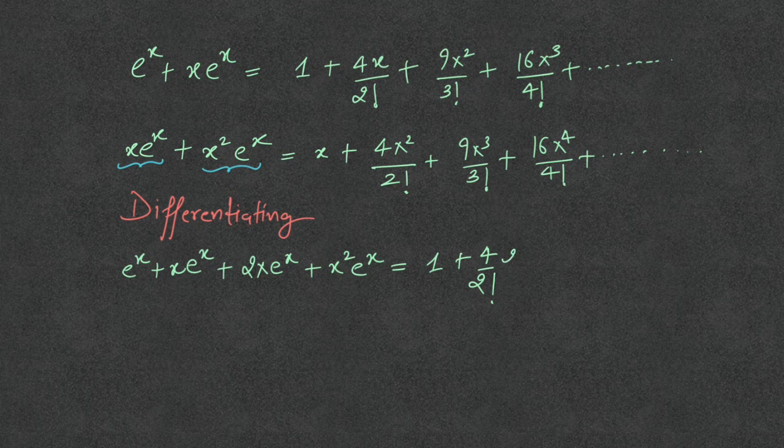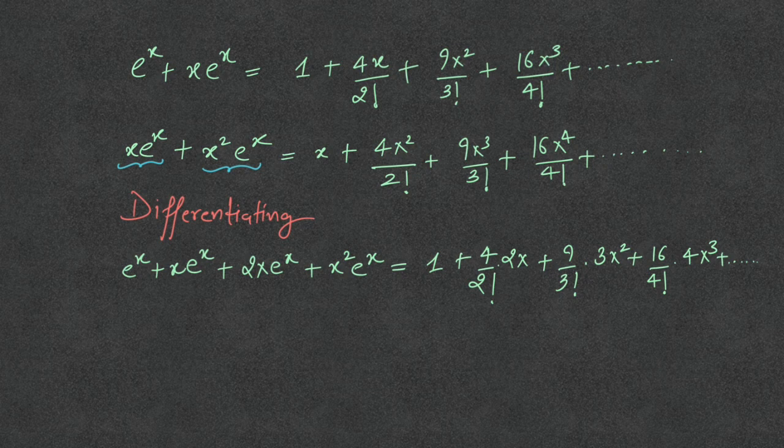Differentiation of x square is 2x, plus 9 upon 3 factorial as it is. Differentiation of x cube is 3x square, plus 16 upon 4 factorial. Differentiation of x to the power 4 is 4x cube, and so on.